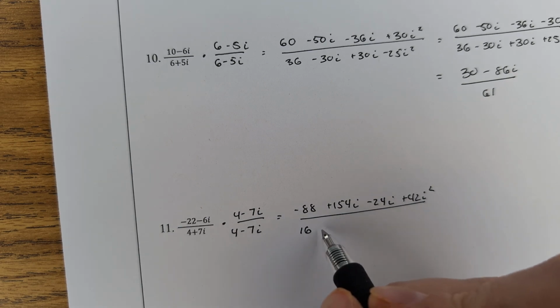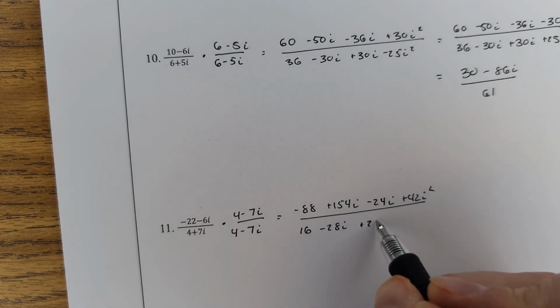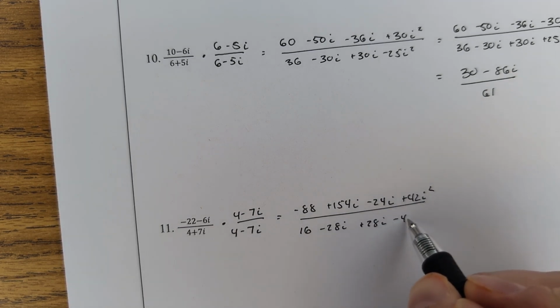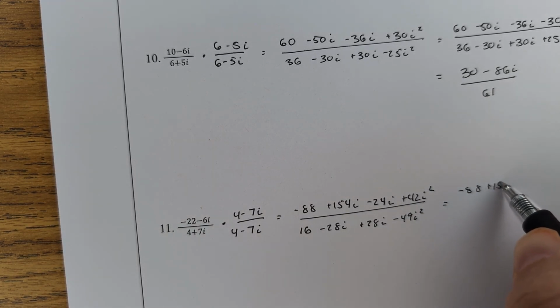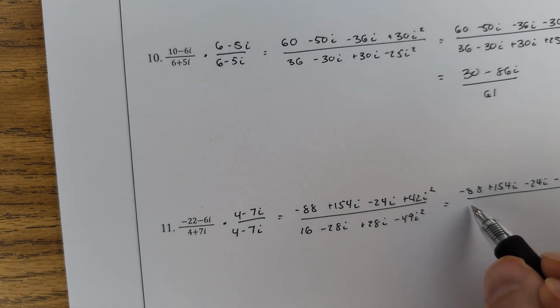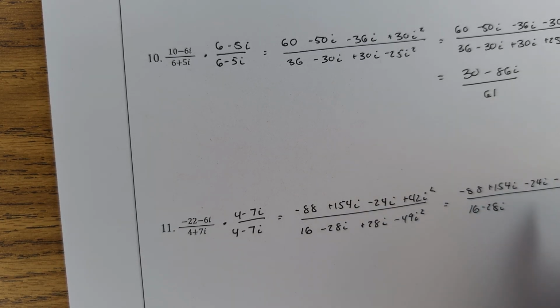On the bottom, 16 minus 28i plus 28i minus 49i squared. So negative 88 plus 154i minus 24i minus 42. On the bottom, 16 minus 28i plus 28i plus 49.